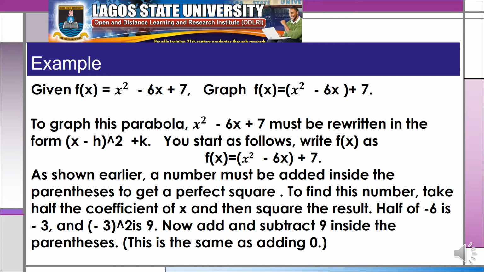As shown earlier, a number must be added inside the parentheses to get a perfect square. To find this number, take half of the coefficient of x and then square the result. Half of minus 6 is minus 3, and the square is 9. Now add and subtract 9 inside the parentheses.